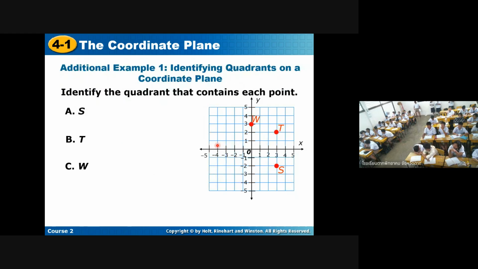Okay, everyone. As you can see, we have the given points. In this given plane, we have point S, point T, and point W. Can you tell me the location of point S? Which quadrant is point S located at?